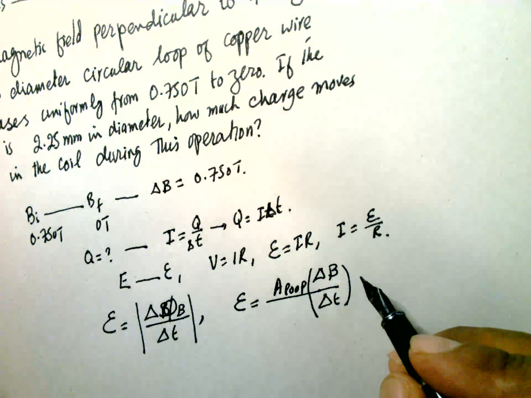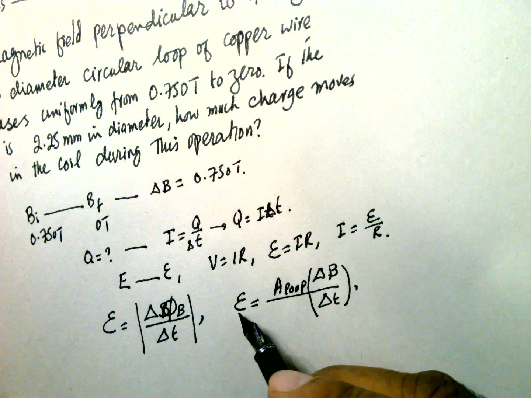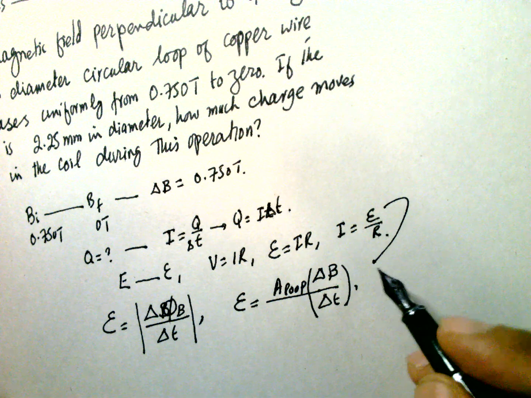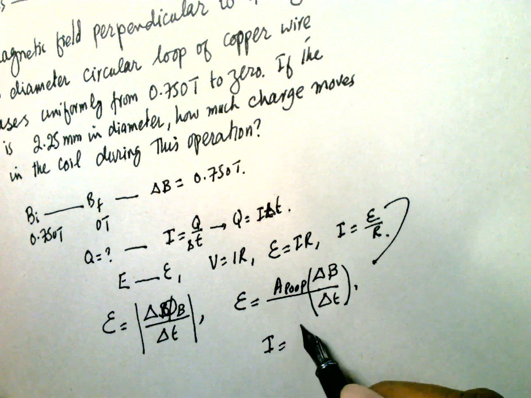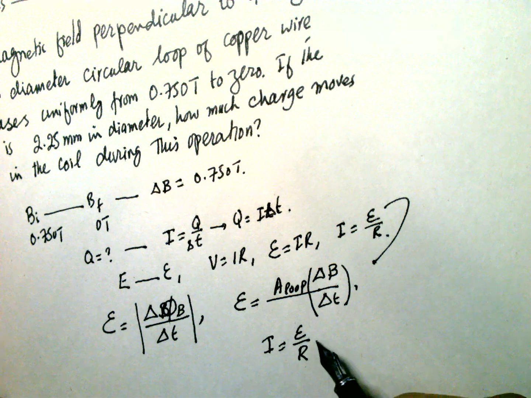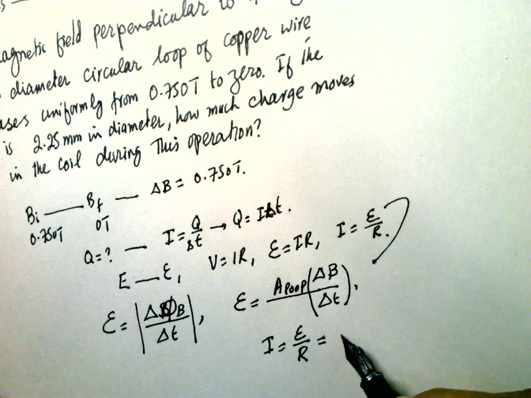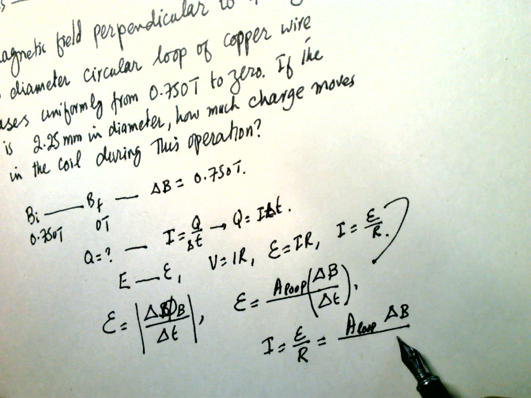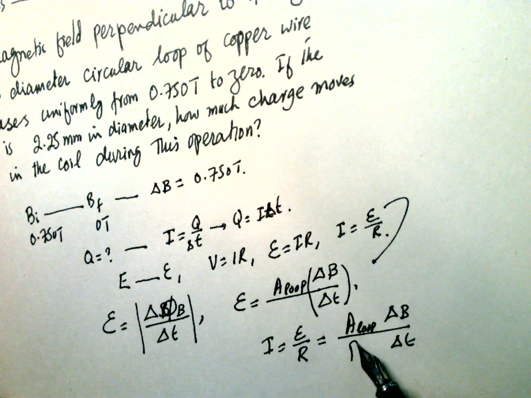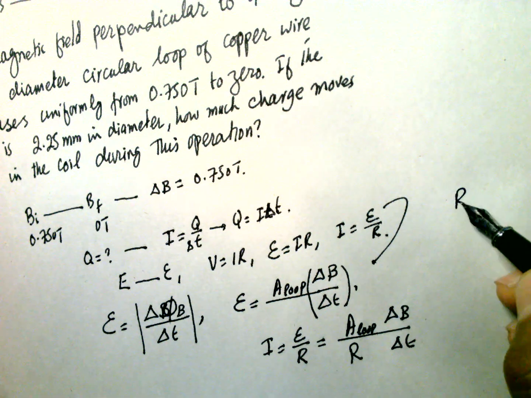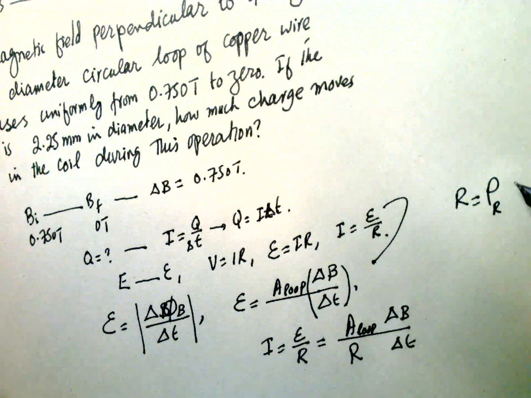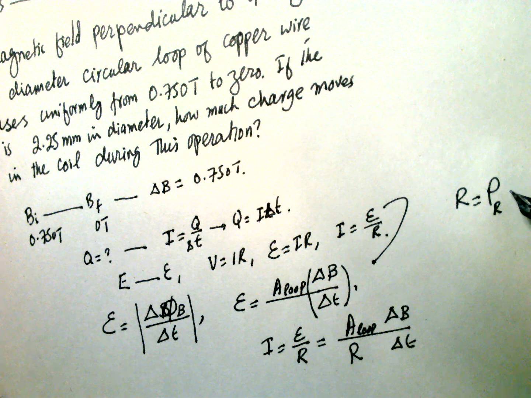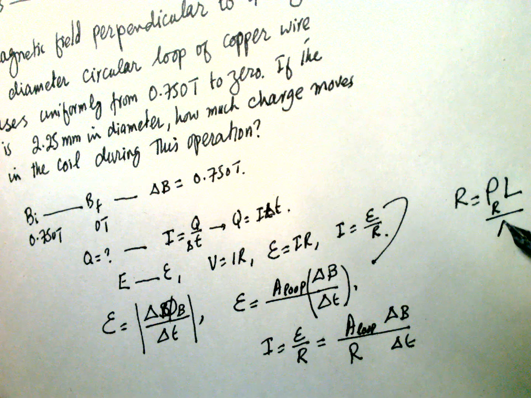If you want to find the current, use this: I is equal to EMF over R, which is the area of the loop times delta B over delta T, divided by R. But R is equal to rho, the resistivity, multiplied by L over the area of the wire.